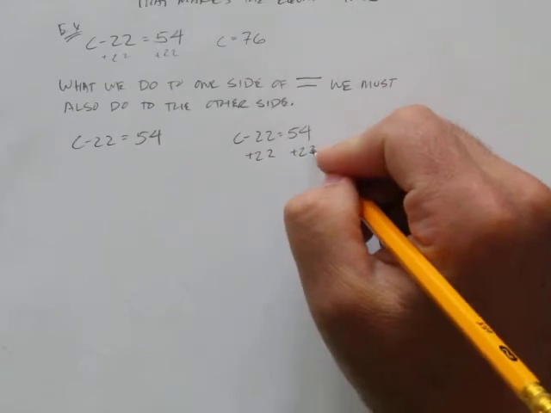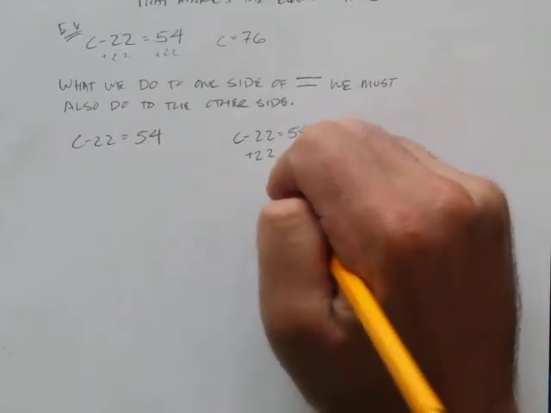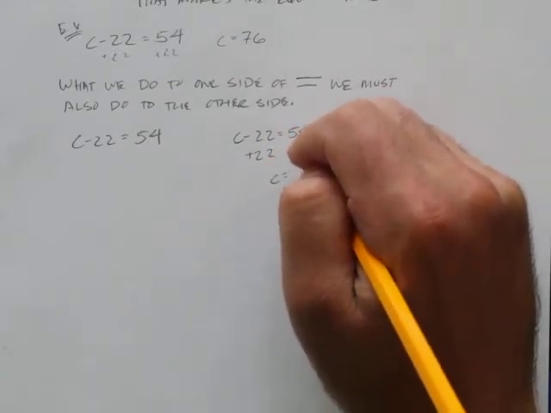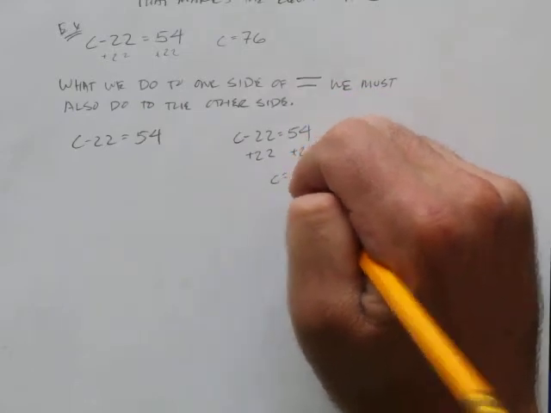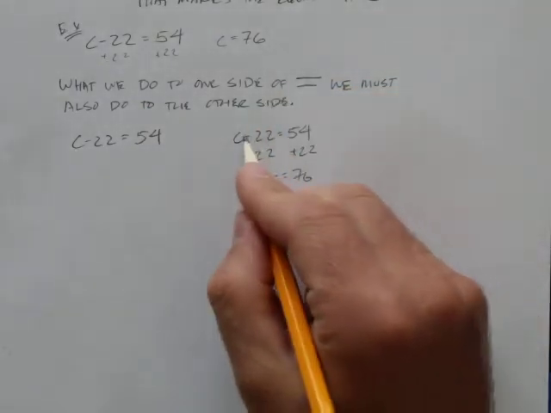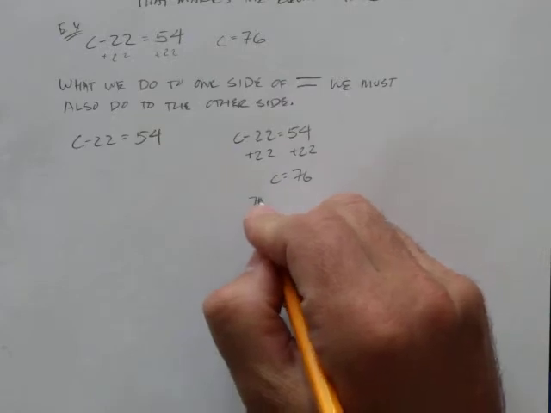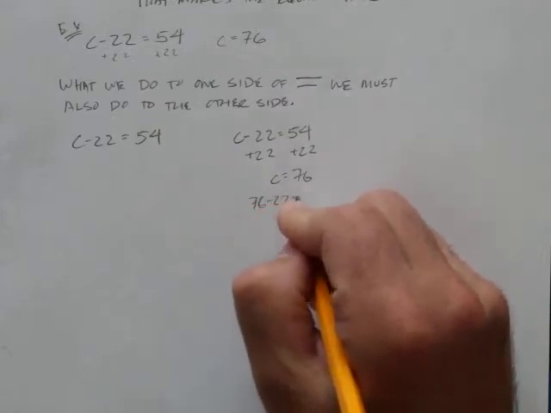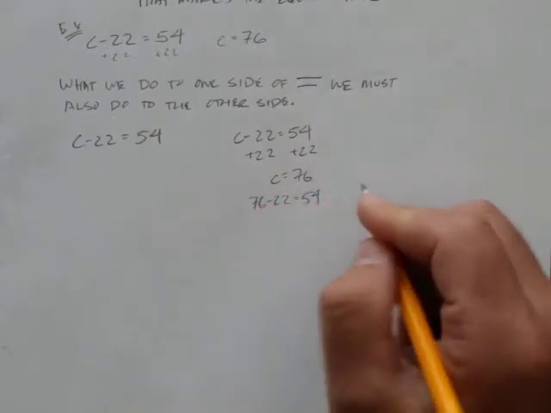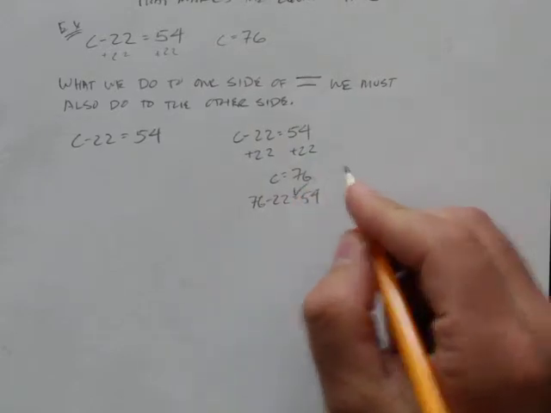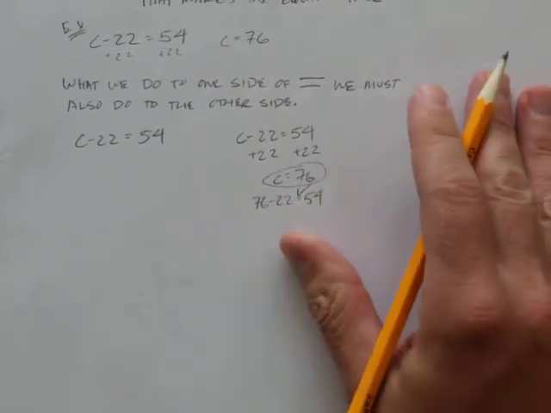What we do to one side, we do to the other. We end up with c equals 54 plus 22, which is 76. Now, we need to plug this 76 back in here. 76 minus 22, does that equal 54? Yes, it does. So I've checked my answer. It's important to check your answer.